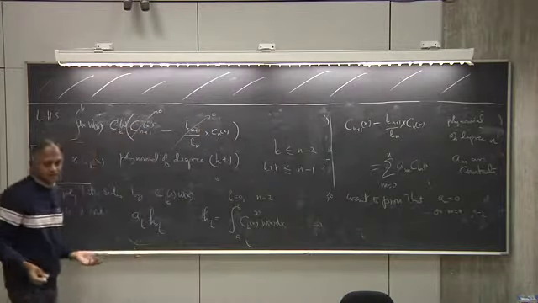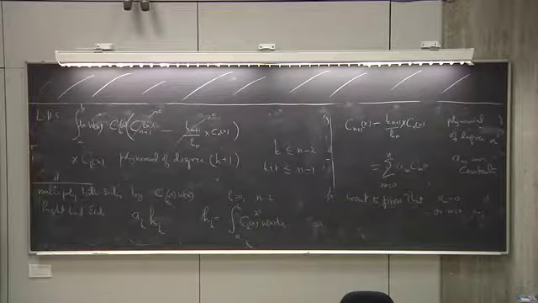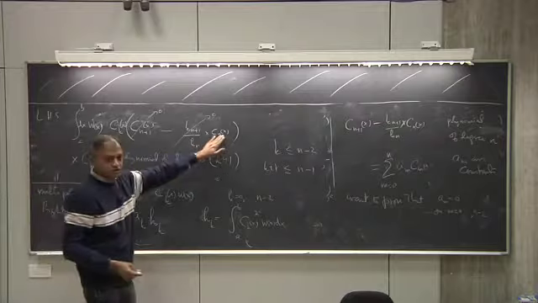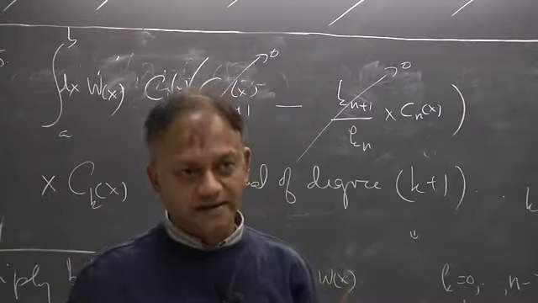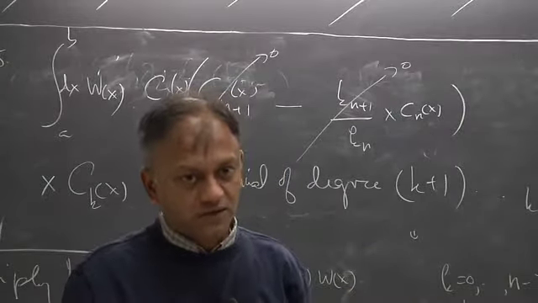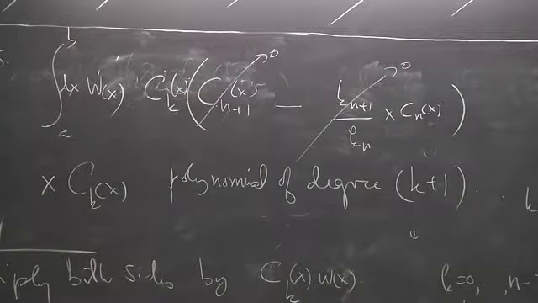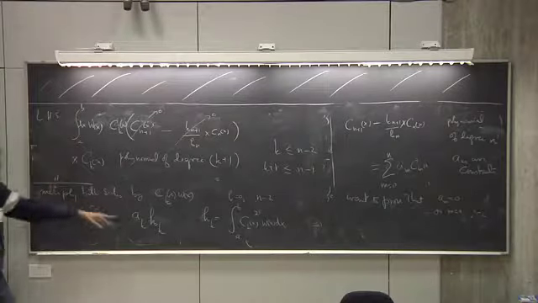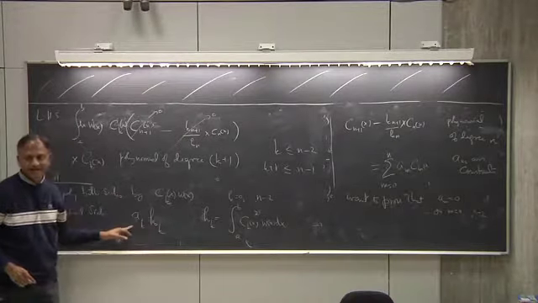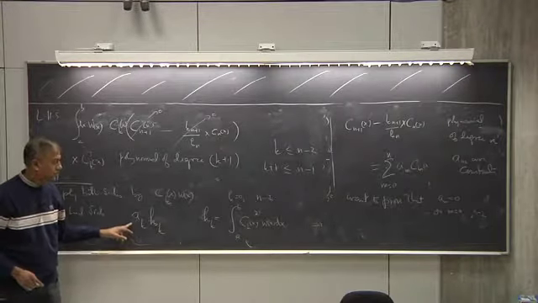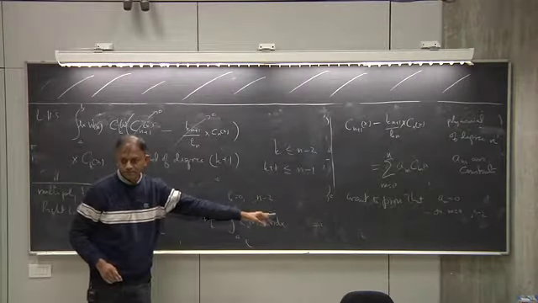So the left hand side is 0. What have I used? I've used that c_n is orthogonal to any polynomial of degree less than n. That was the crucial part. So that means the right hand side is this, the left hand side is 0, and h_k is not 0, therefore a_k must be 0 for all k between 0 and n minus 2.